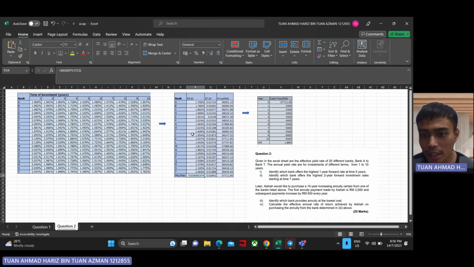The question asks us to identify which bank offers the highest 2 year forward investment rates starting at time 7 years. So we have to calculate it by taking spot rate 7 and spot rate 9.